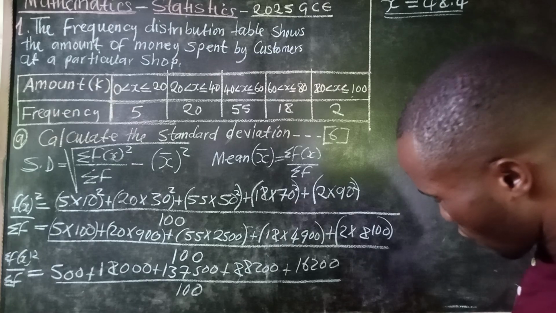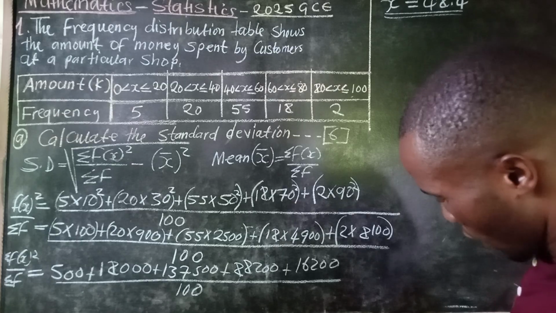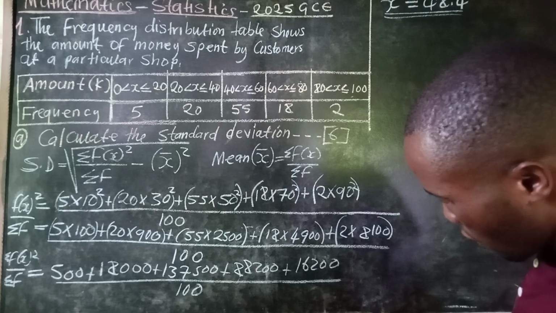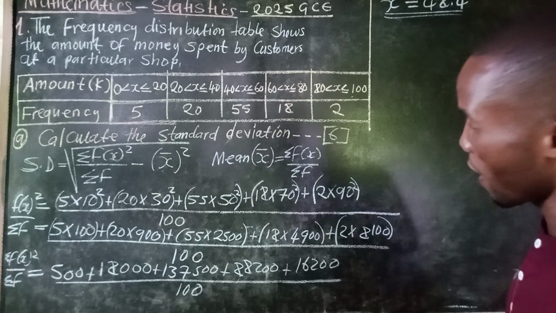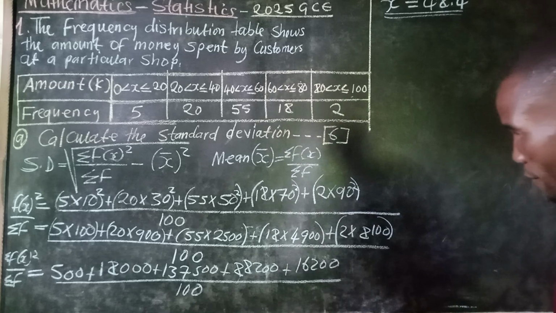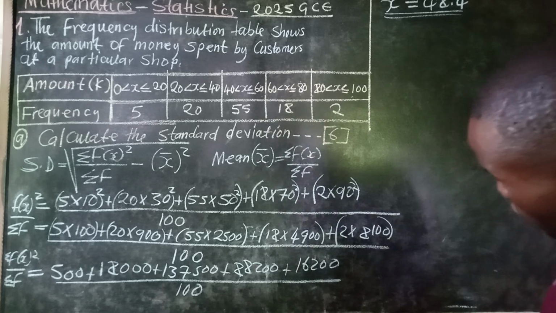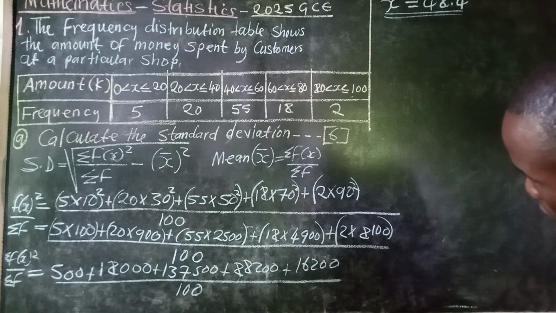So 500 plus 18,000 plus 137,500, then plus 88,200, then plus 16,200. You have to be accurate enough when punching the calculator. Very, very important, because once you miss one figure, then you are gone.